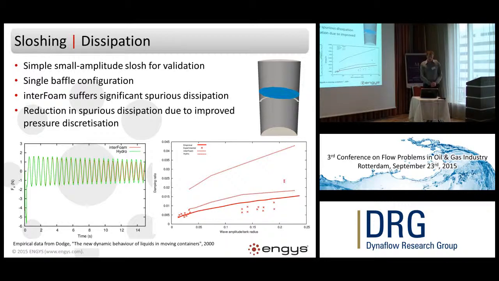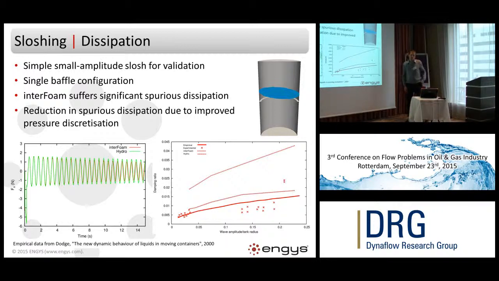What you find running this with interFoam on standard OpenFOAM is that the damping ratio, the dissipation of this problem, is much higher than it should be. If we plot here the damping ratio of the sloshing action with respect to the wave amplitude, there are some experimental results, the crosses down here, and the damping is off by a factor of more than 100% in standard interFoam.